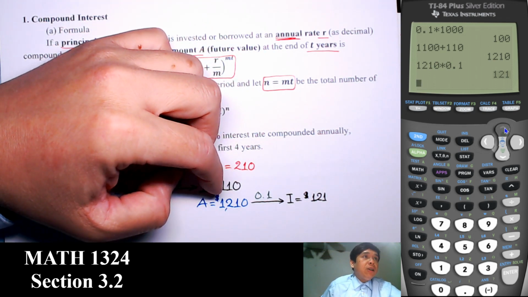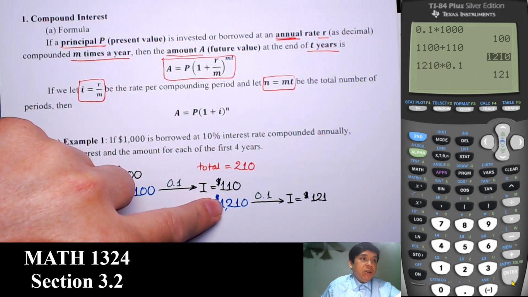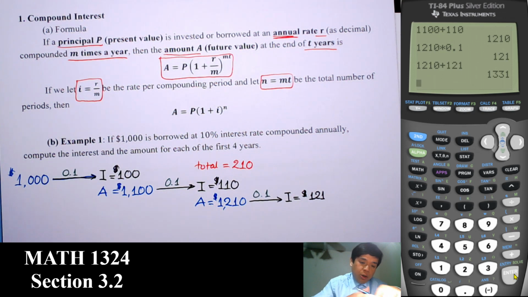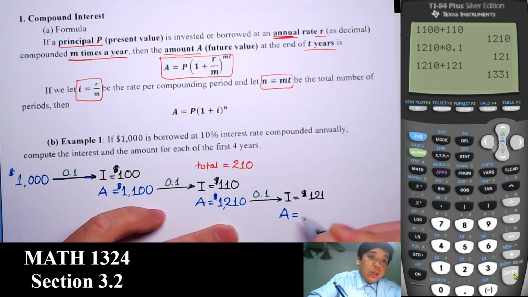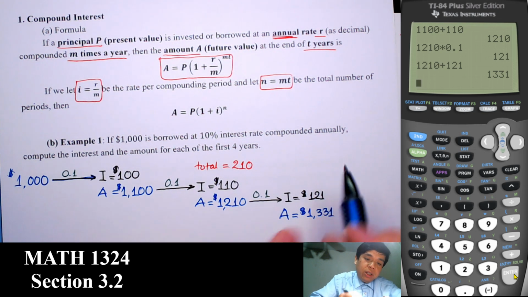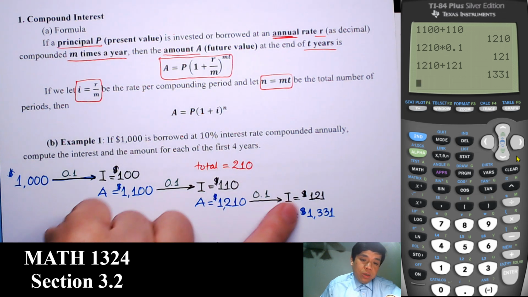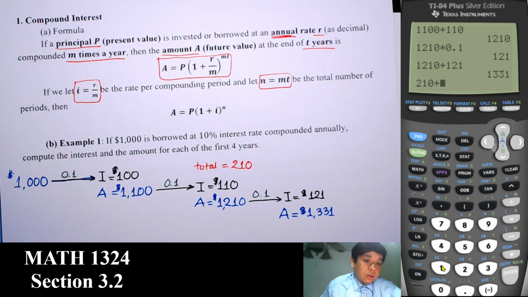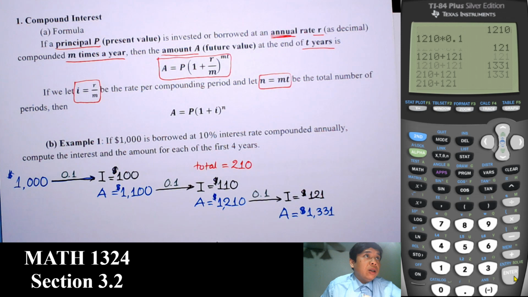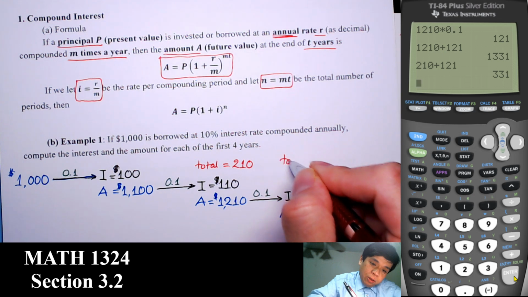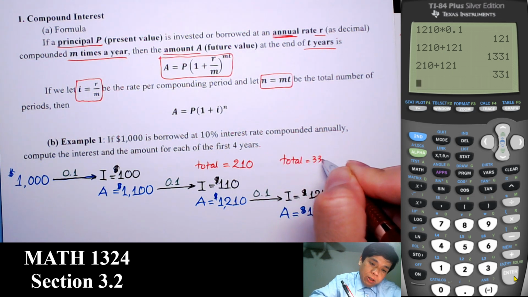And we have that from the previous year plus the interest for this year, so we add these two. That will be equal to 1,331. And the total interest will be 210 plus 121, 331, compared to the beginning. So the total interest is 331.